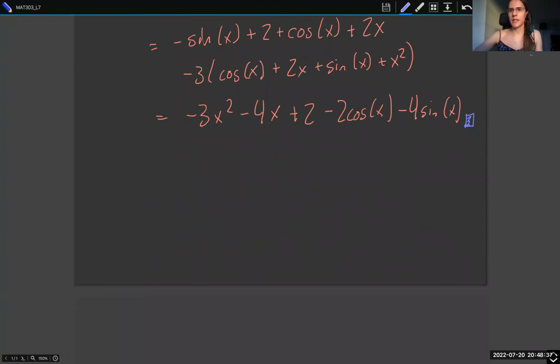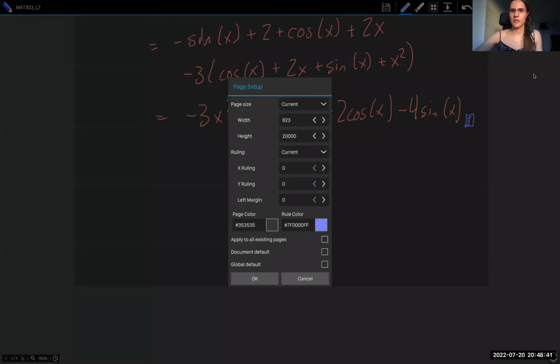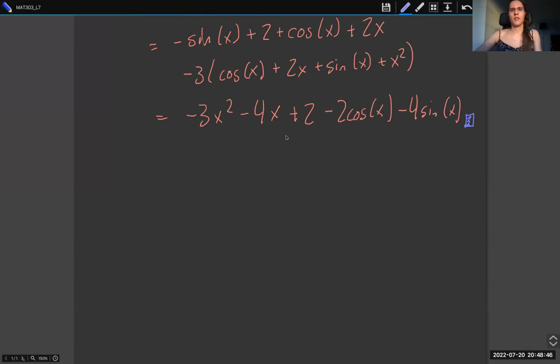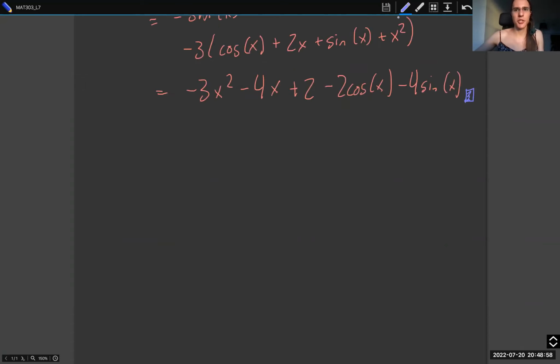So now we're going to do an exciting theorem about this. And this theorem is called the exponential shift theorem.